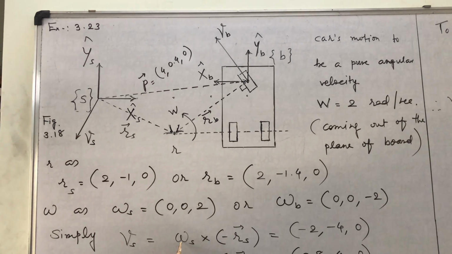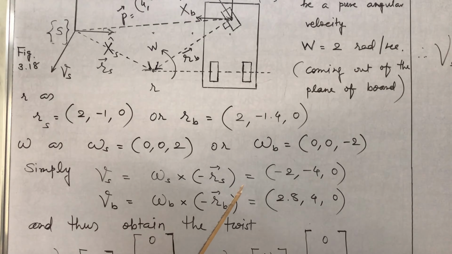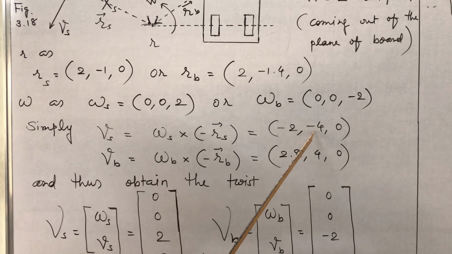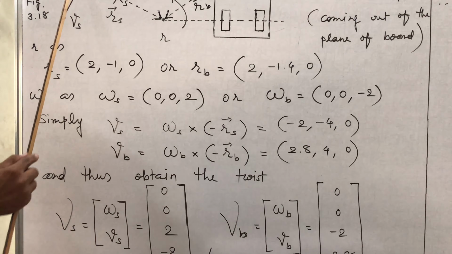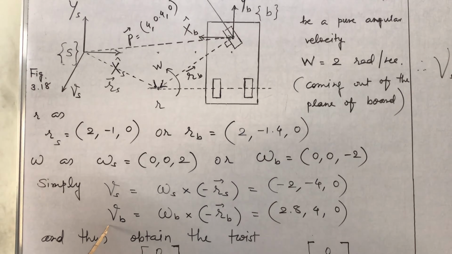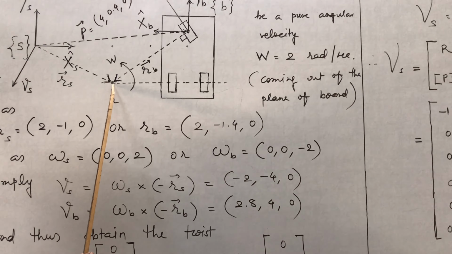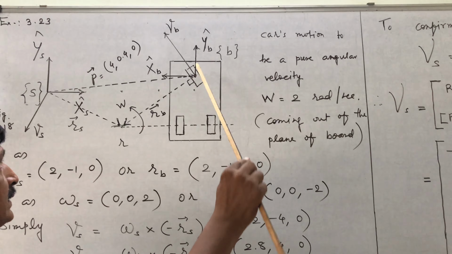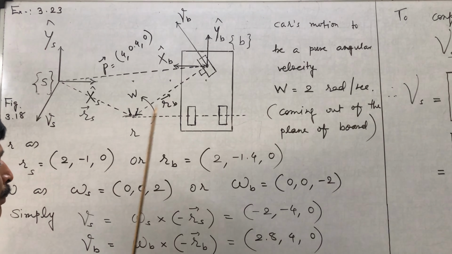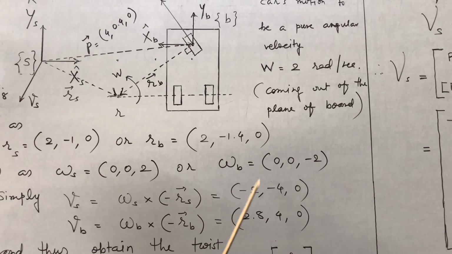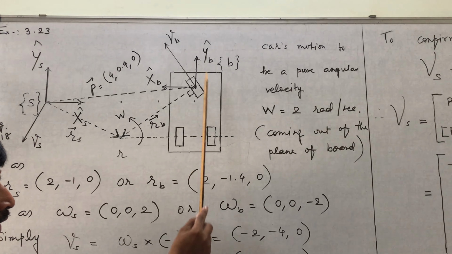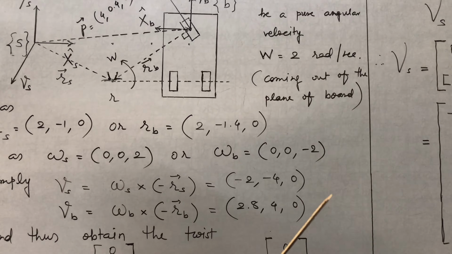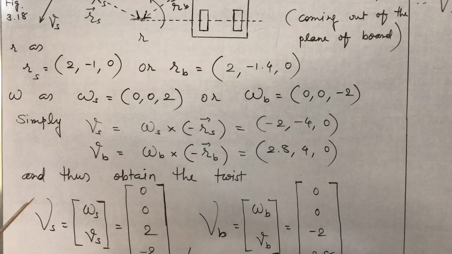If we take omega s cross minus rs, we get -2, -4, 0. This is Vs. And Vb similarly: if we consider the origin and axis of rotation here, this vector is minus rb, and omega b cross minus rb directly, because pure rotation is there, pure angular velocity, no translation. So 2.8, 4, 0, we can write directly.